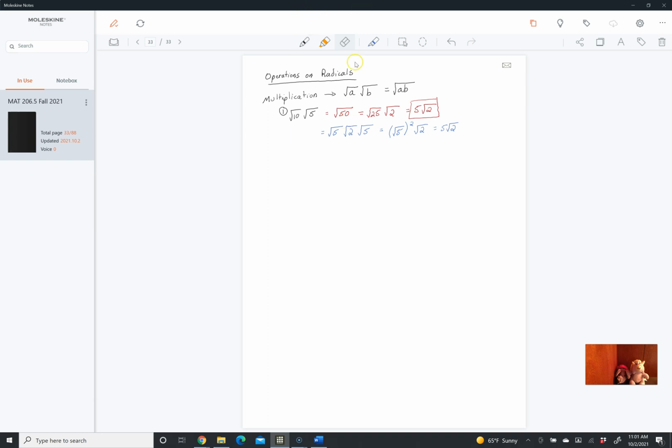Okay, if you did not understand this method, just ignore everything I said. You don't have to use this method. It's not something that I typically prefer. Square root of 5 times square root of 2 is the square root of 10. That's where that came from. So we just took the square root of 10 and we broke it down into 2 factors. And because the square root of 5 is repeated, we can just take that out of the square root and it becomes 5 root 2. So you get the same answer, it's just using a slightly different method.